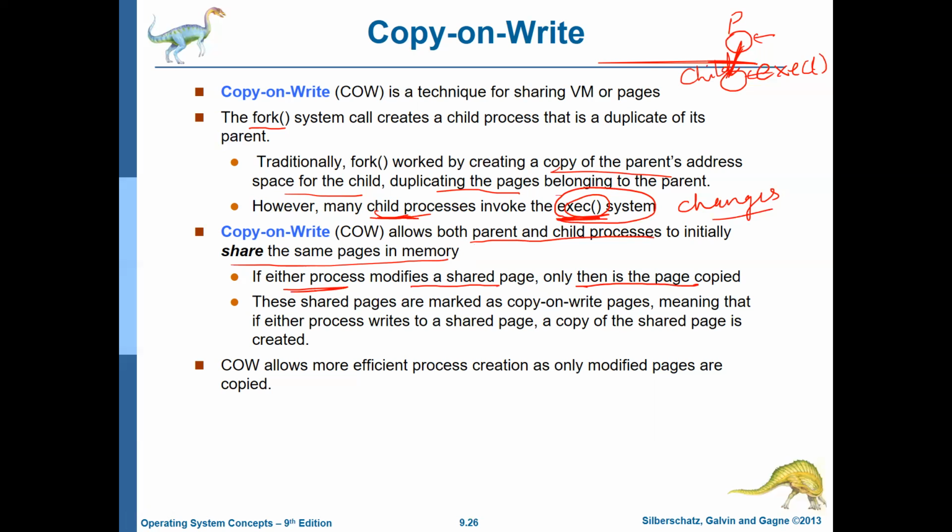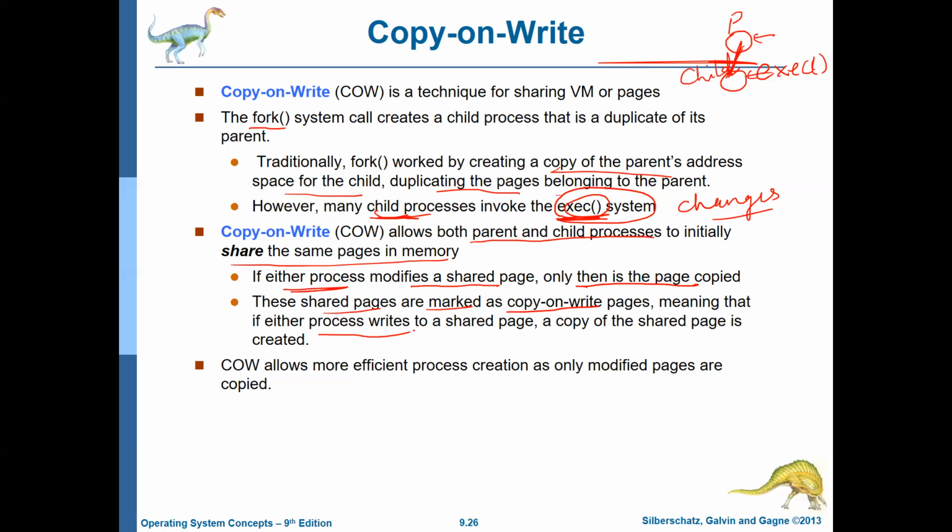One of them requires the original one and the other requires a modified one. So these shared pages will be marked as COW. It's like a COW page. That means if a modification is attempted on this particular page, then a copy of the shared page will be created. So it is marked as COW.